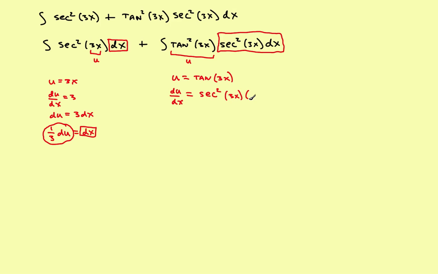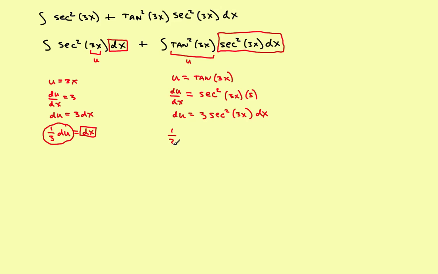You have to take the derivative of what's on the inside, so you add a 3 out here. So that means that the differential of u, take this 3, move it back in front, 3 times the secant squared of 3x dx. Now again, you need the secant squared dx. You don't need the 3 here, so move it over to this side.